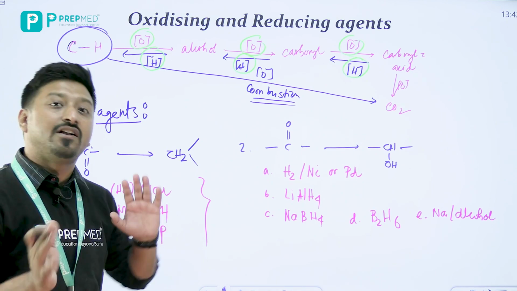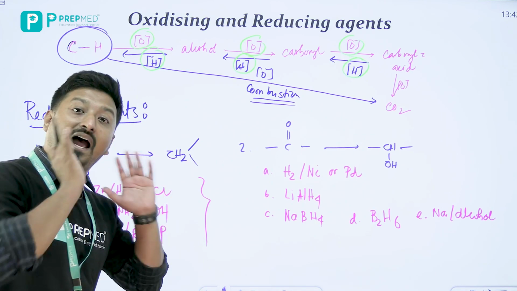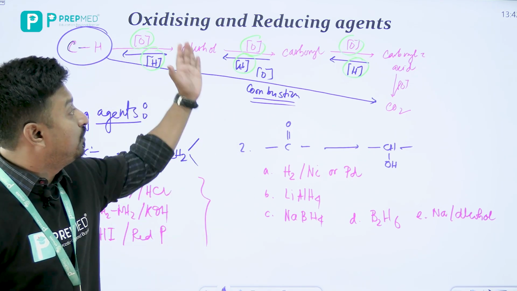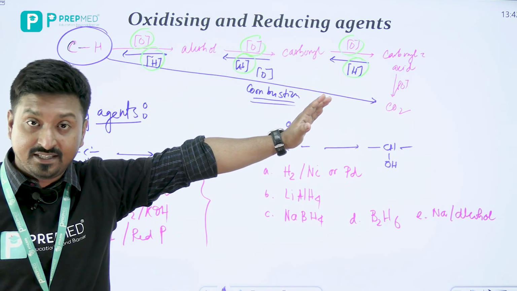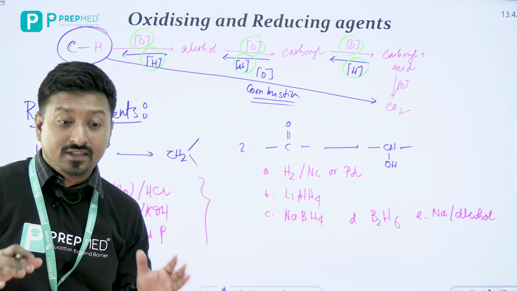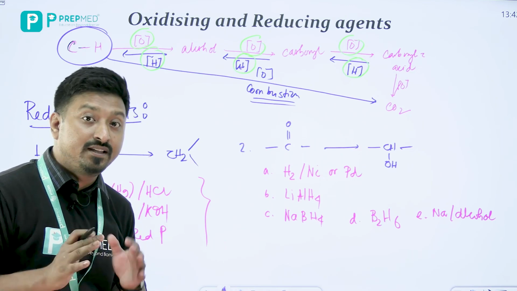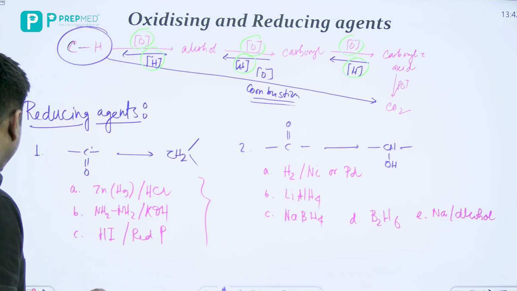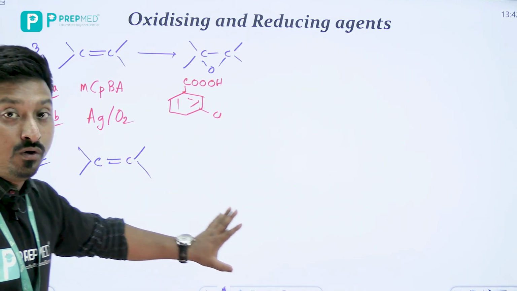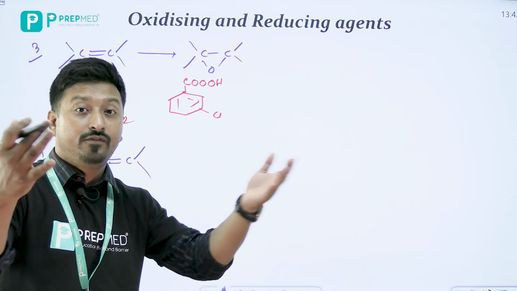That means you cannot reduce a hydrocarbon, but a hydrocarbon can be easily oxidized to alcohol, carbonyl, carboxylic acids, or even carbon dioxide. So there are a lot of important reagents here for the conversion of C double bonded C.